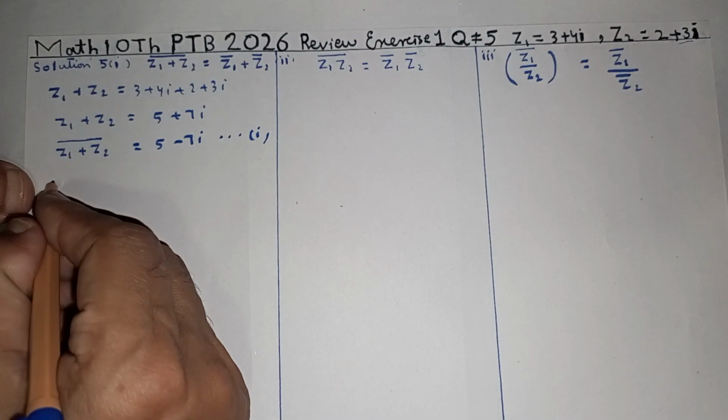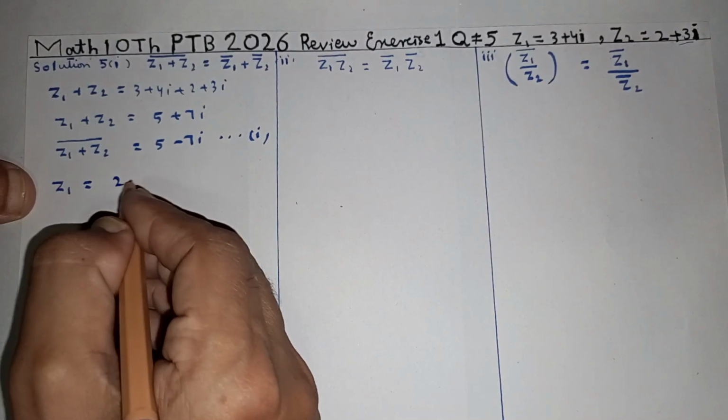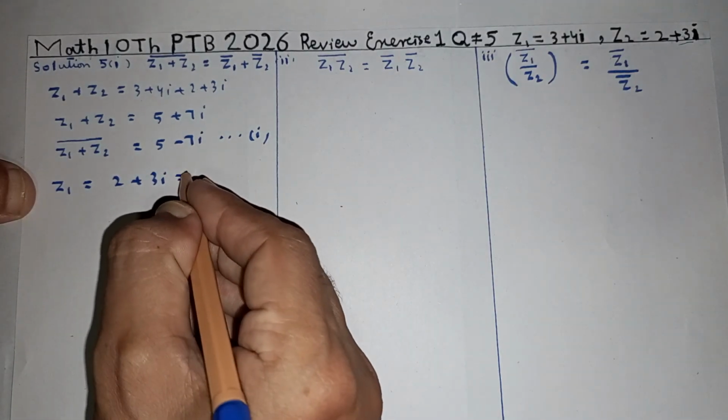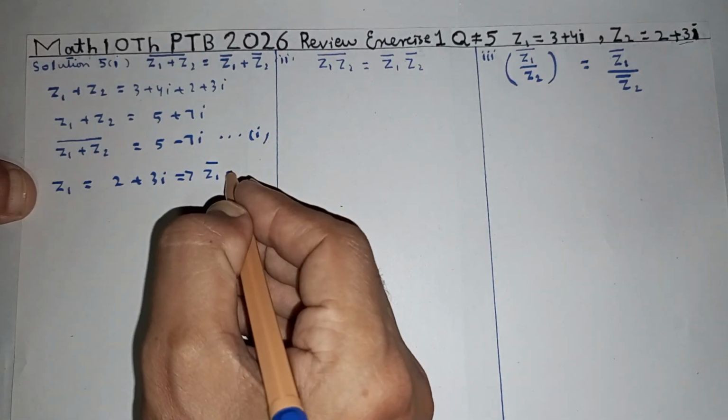Now z1 is equal to 2 plus 3 iota, which implies z1 conjugate is equal to 2 minus 3 iota.